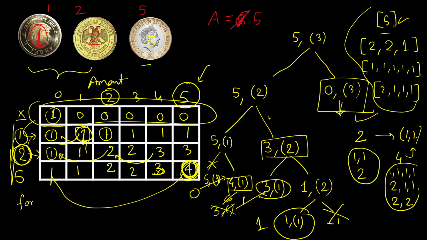First let's write the code for this simpler version where we take space of the order of amount times number of coins. So if amount is m and number of coins is n, then this is mn in terms of both time and space. So let's first write the code for this.